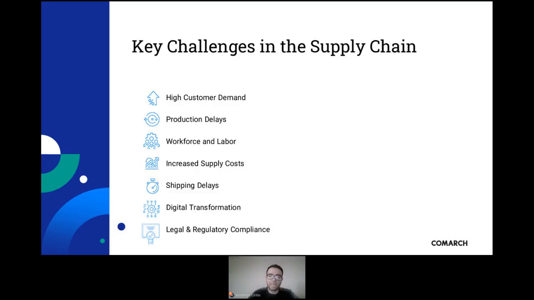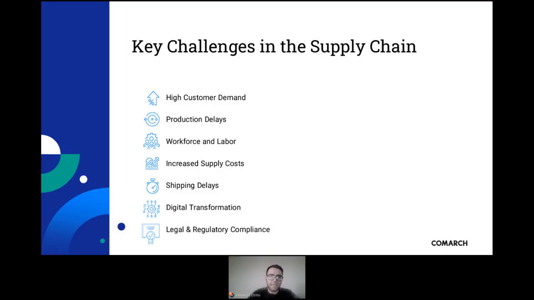So now a larger number of organizations across many types of industries are investing in digital solutions, and they are planning in the next years to involve new technologies in their supply chain network.